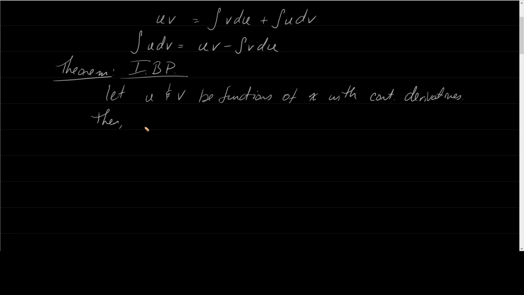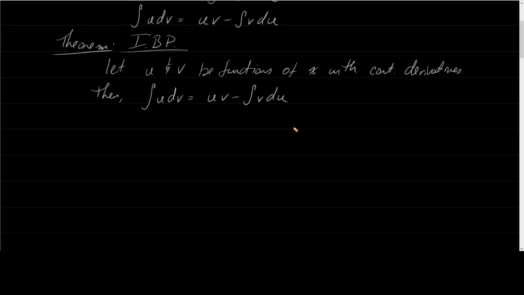Then the integral of u dv is uv minus the integral of v du. So that is again what integration by parts says.